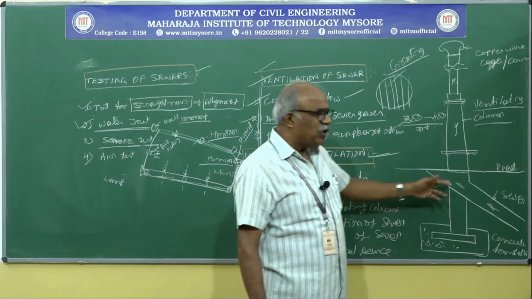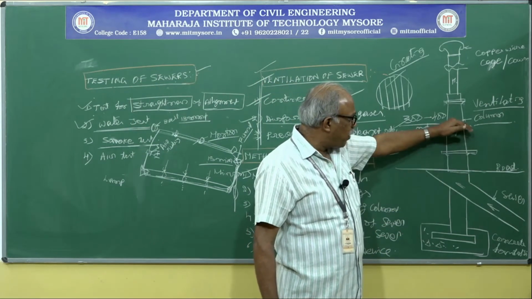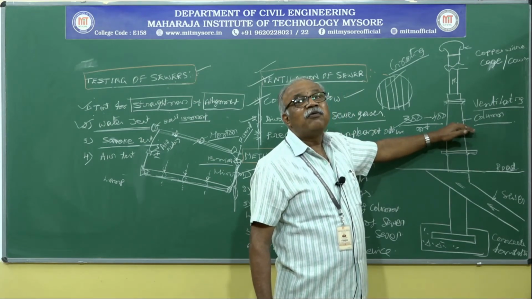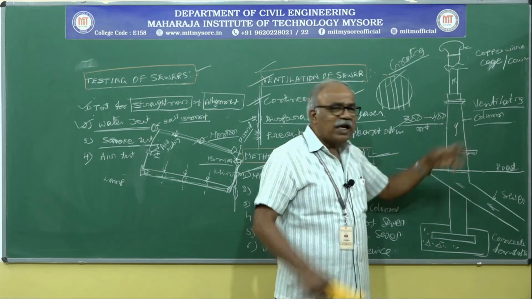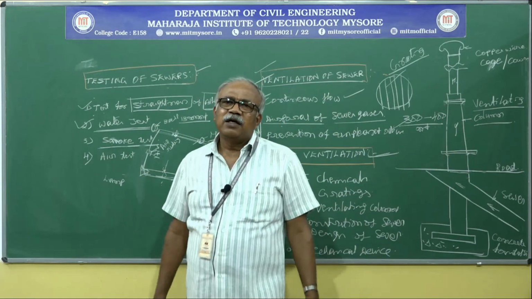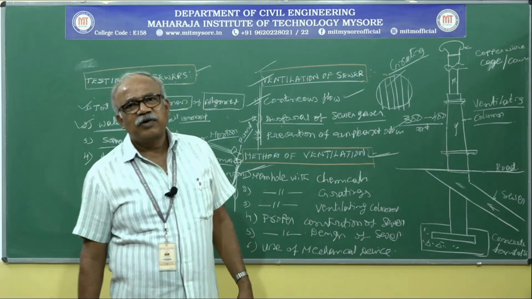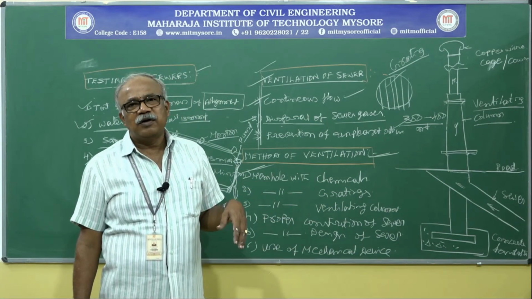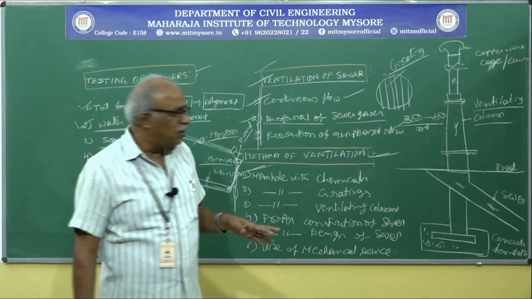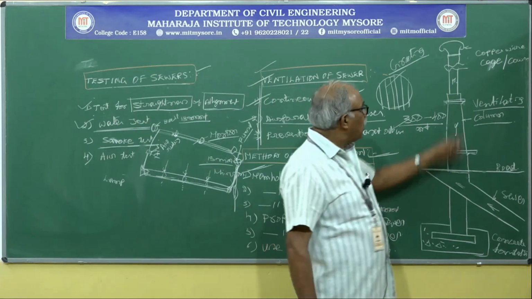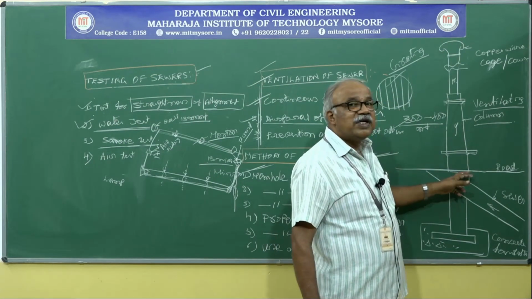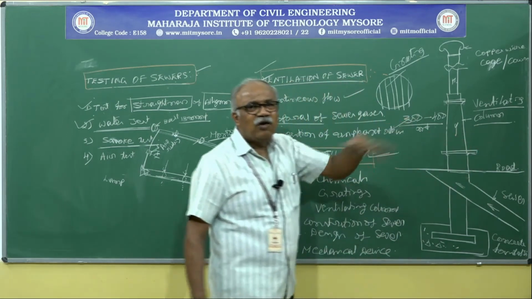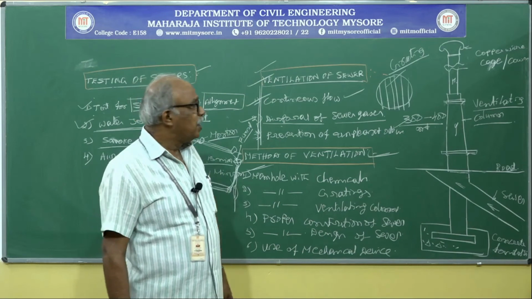If the gases are allowed to escape nearby this road, at 10 to 15 feet height, they are directly disposed and directly affect human beings. To avoid that pollution, we decide the height according to the terrain and local area.